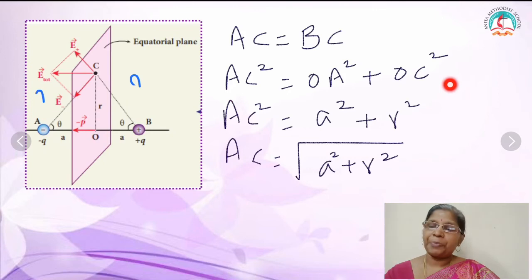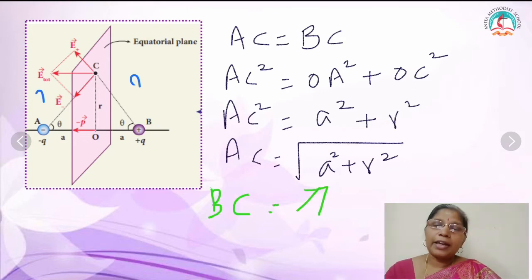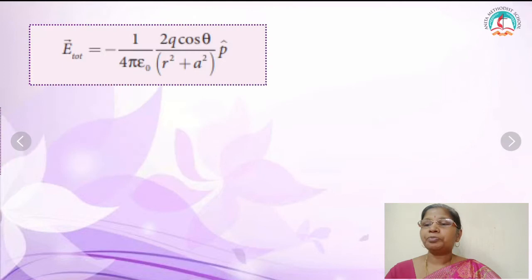Substituting the values, AC square equals a square plus r square. So AC is the square root of a square plus r square. AC and BC are equal, so BC is also the square root of a square plus r square.